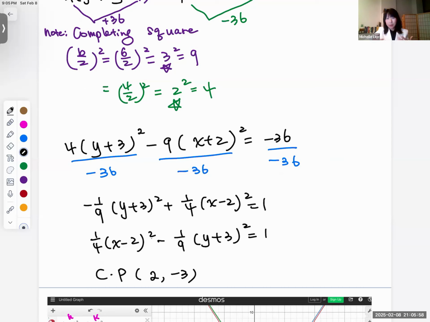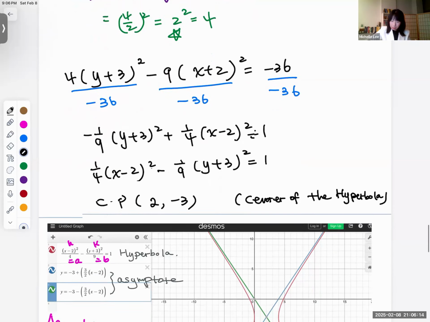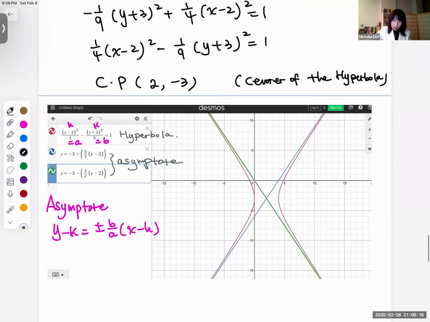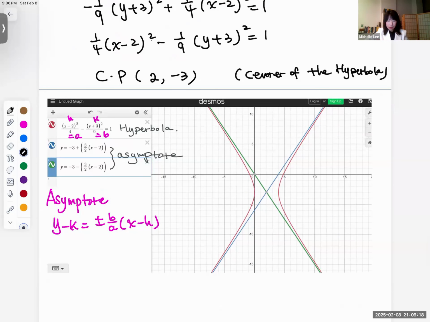Which is also, we say, the center there. So center. Okay, so let's take a look here. So I drew the hyperbola, and then I also found the asymptotes and plugged them in there too for your reference. All right.